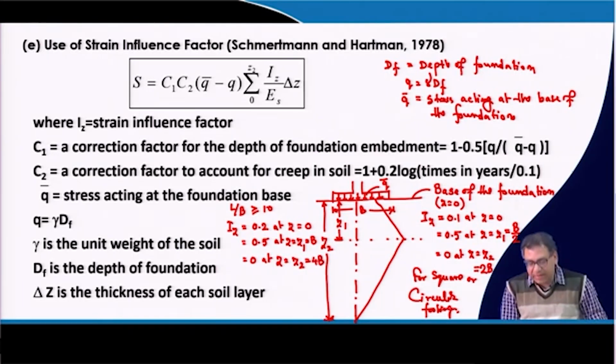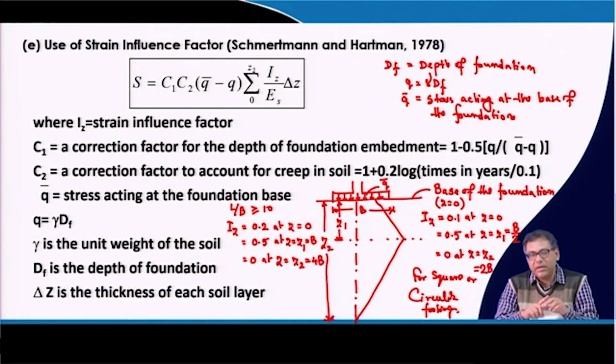So, again the maximum value is 0.5, but the starting value here is 0.2. The influence zone is more in the case of strip footing compared to circular or square footing, which is also true, because it has been observed that the influence zone of strip footing is more than that of square footing.